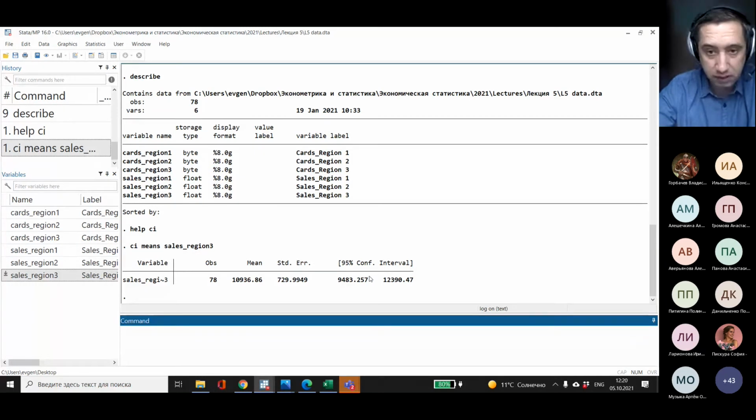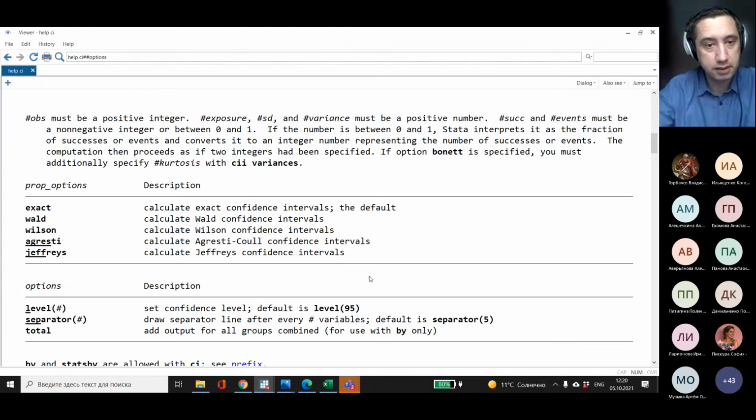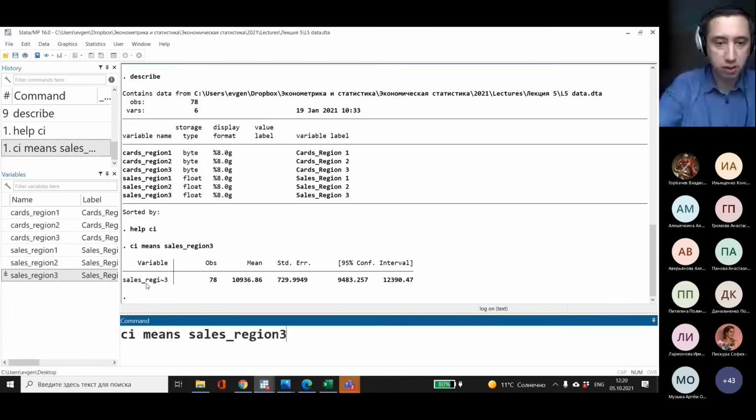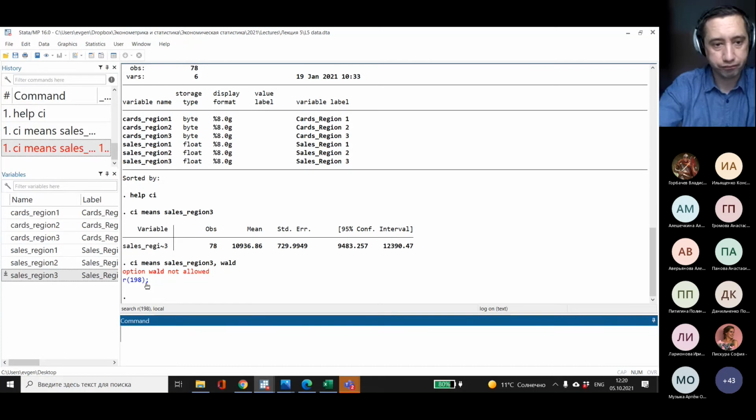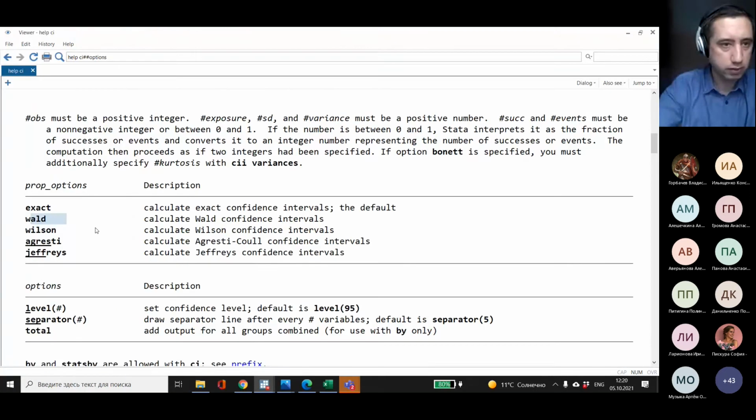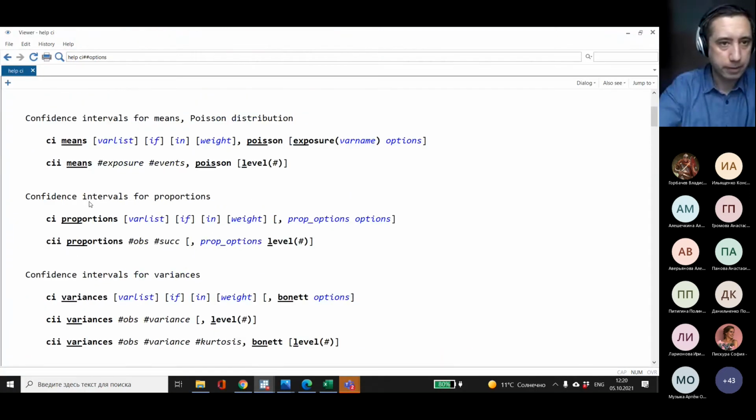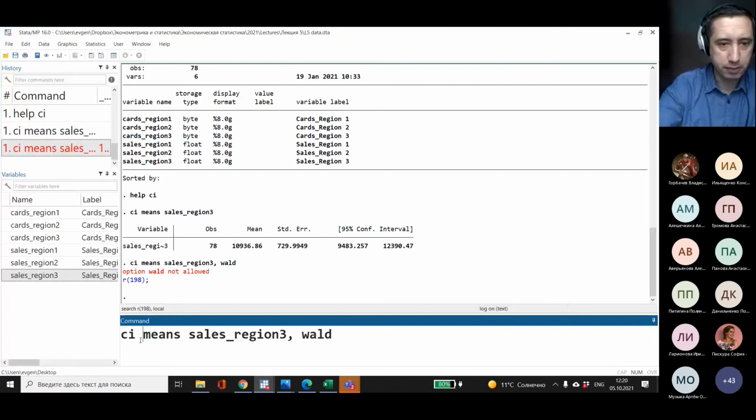If you check everything and see that everything is correct, still your confidence interval will be different. What's the problem? Stata uses the exact way to calculate the confidence interval estimation, but your textbook uses Wald.